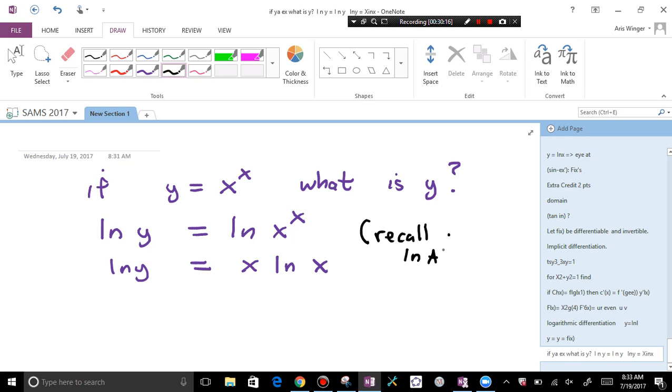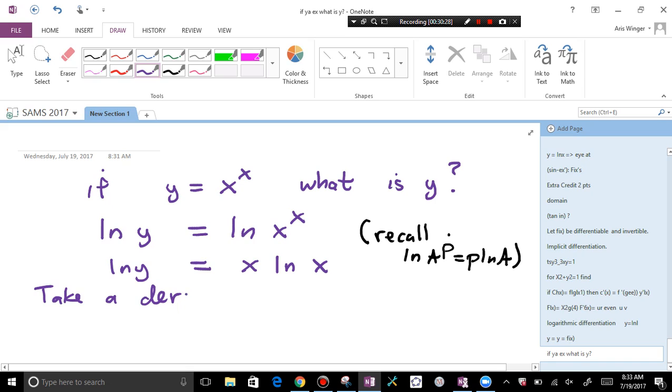The natural log of a to the p is p times the natural log of a. So I just bring the power in front. And now we'll take a derivative. So the derivative of the natural log of y is equal to the derivative of x times the natural log of x.